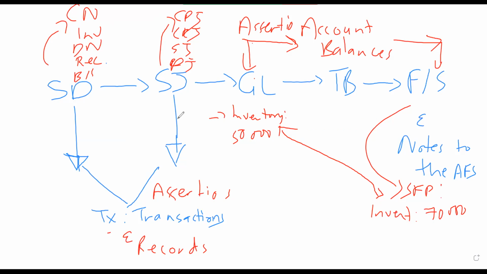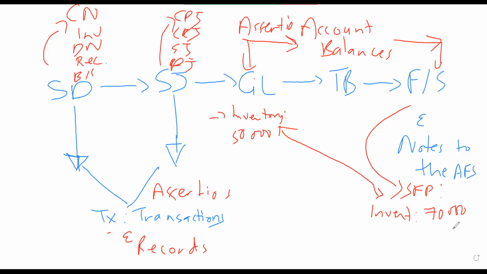So that automatically affects whatever records we captured here. So there can be omissions in terms of transactions that are recorded. Why? Maybe it could be a timing difference, you see. But in this case, where you have an inventory balance of 50,000 in the general ledger, and an inventory balance of 70K in the statement of financial position, that's an overstatement.